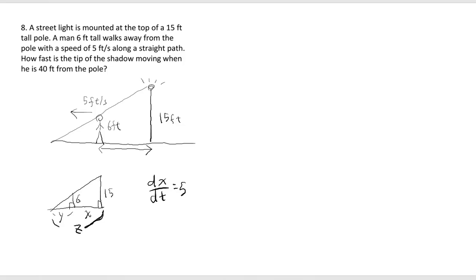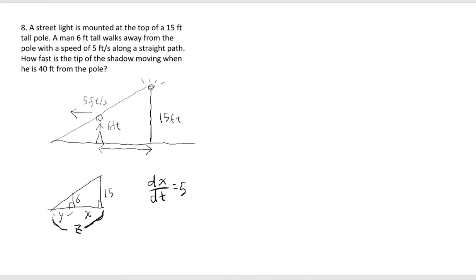See, when you want to measure the rate of change, when you want to measure the speed of some object, speed has to be measured with respect to some fixed object. Certainly y does increase, and it seems to be related with the speed at which the tip of shadow is increasing, but y is not a good variable to keep track of the speed of the tip of the shadow because it's in relation to the man's place, which is also changing as he's moving. So y is not the one to use.